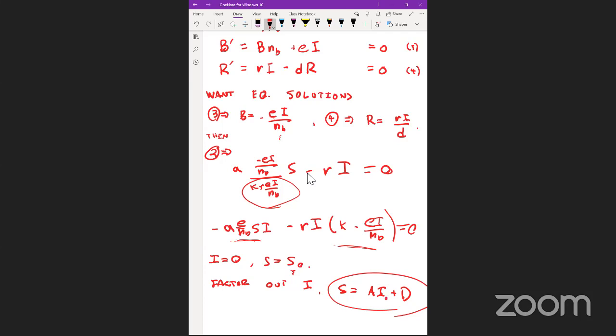When I is non-zero, you get this expression. And when I is equal to 0, then additionally you get this expression, which is essentially the same. It's just that you're equating the D with the S non.